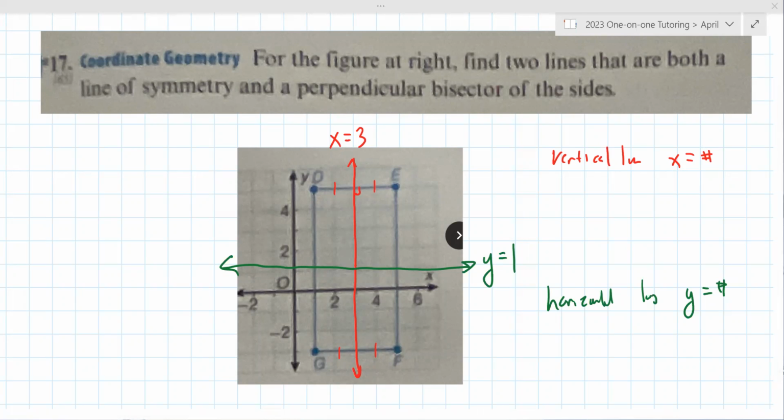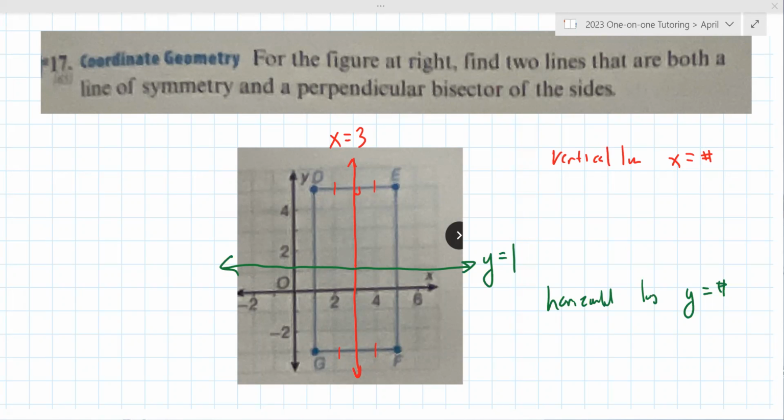So. Would I write the vertical line as... Yeah, I think you just have to give the equations here. You don't have to find the slope.